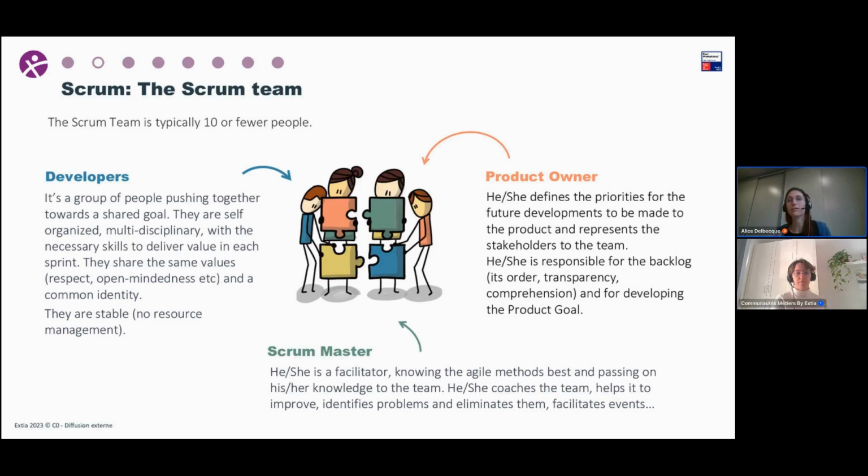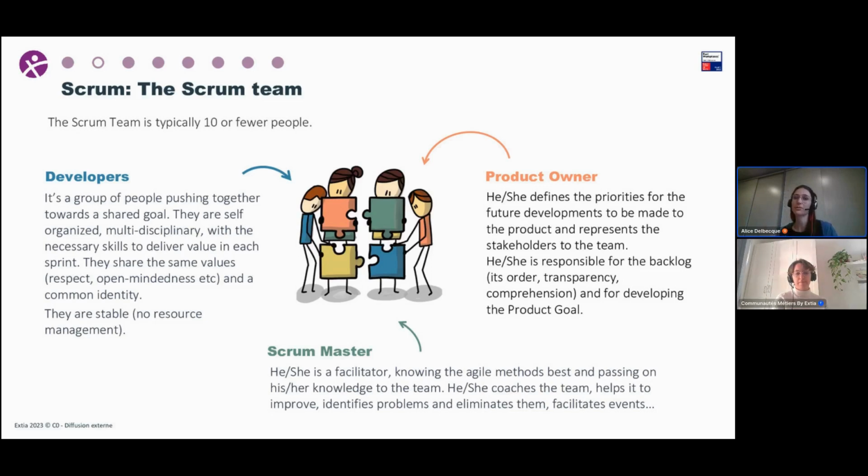They have exactly the same values, the same mindset. Sometimes they can have a mascot, for instance, and they share the same common identity because they are really a team, and that creates a strong link between them. Another important thing, and sometimes it's not really understood by the management, is that this team is really stable.